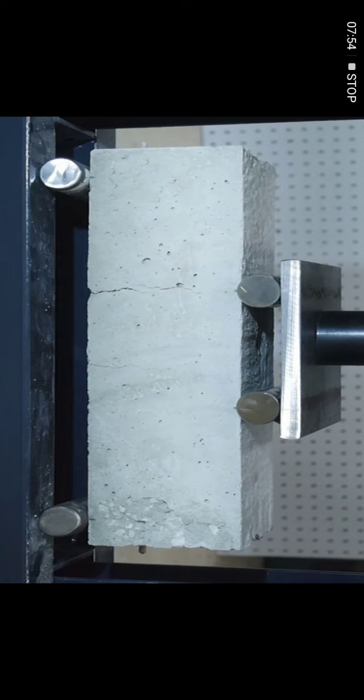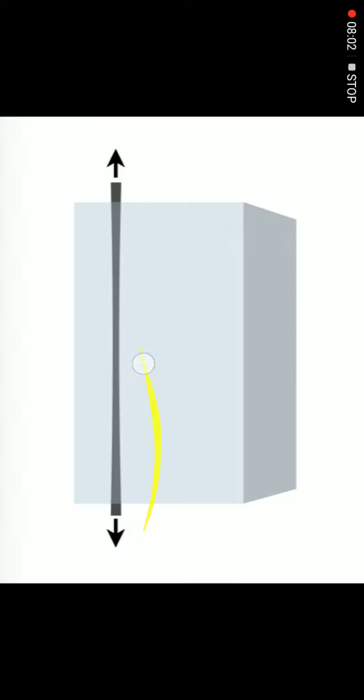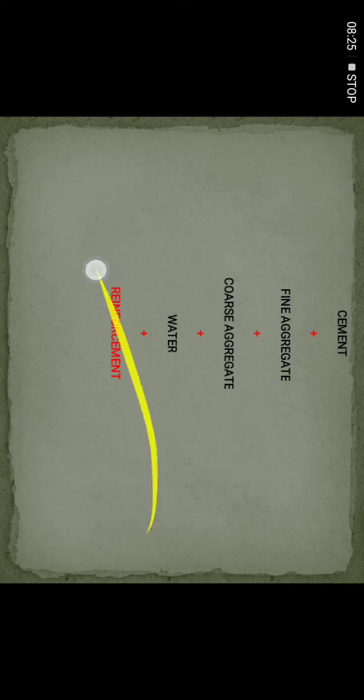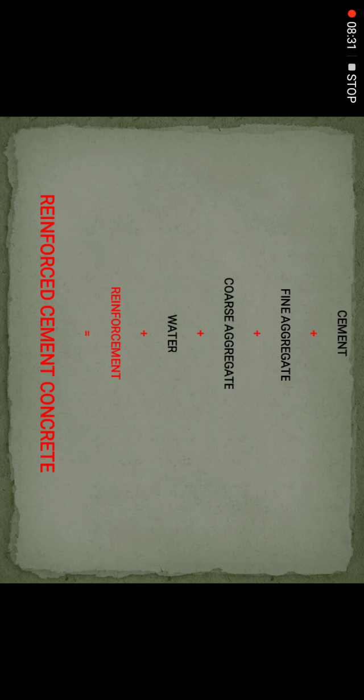Sudden collapse does not happen. So RCC means reinforced cement concrete, which contains cement, fine aggregate, that is river sand or M sand, coarse aggregate, water, and reinforcement. This is called reinforced cement concrete.